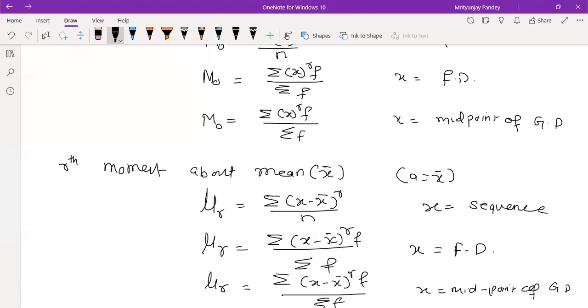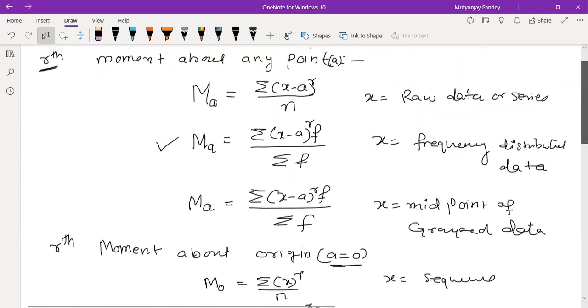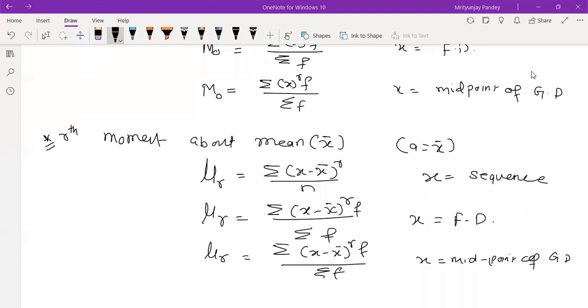Understood? So third one is important for us, but I have written everything here. So first of all, write all the formulae, and then we will solve examples based on that. Yes. Note down all these things from first. Central moment. The rth moment about mean is also called the central moment.